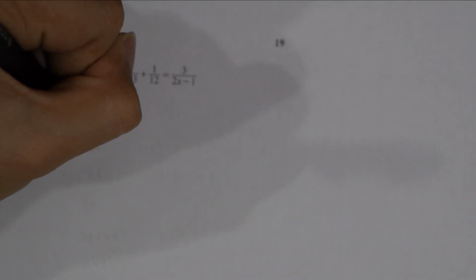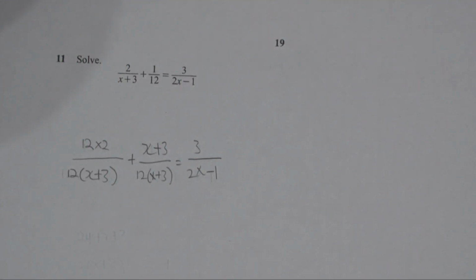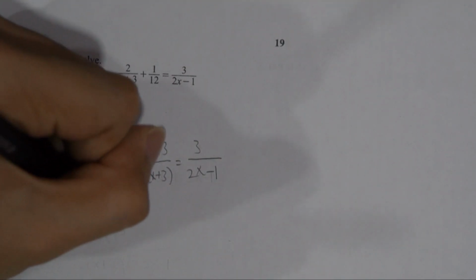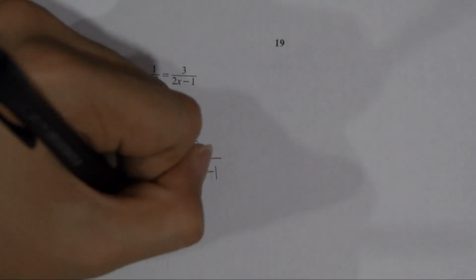So the last question, question 11. For this part, my suggestion is to separate into two parts. The front part, before the equal sign, I treat as one. And 3 over 2x minus 1, I treat as another entity. First, I sort out the first part.